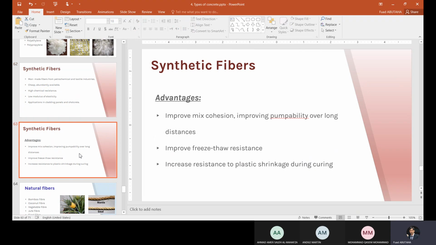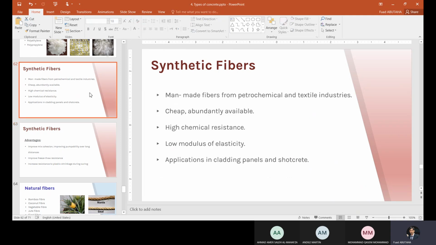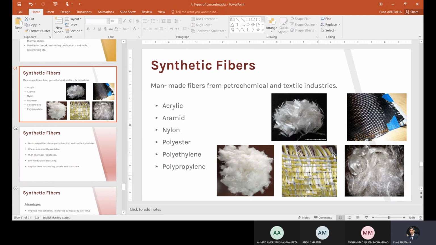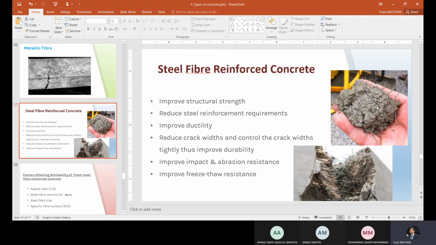It also has advantages. It can improve the tear and freeze resistance, makes the concrete cohesive, and improves the pumpability. So you can see here that the effect of this one on the workability is better than the effect of the steel fibers.